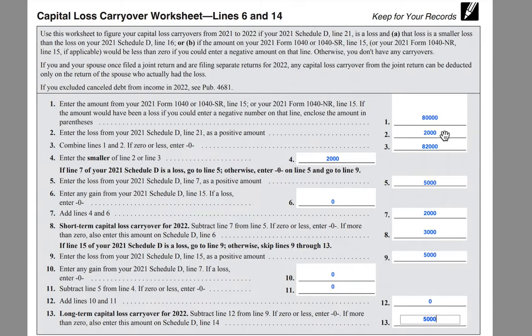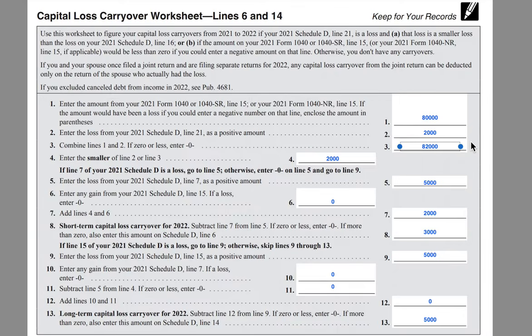So the 2021 Schedule D line 21 amount as a positive amount happens to be the smaller of the actual loss or $3,000, whichever one was able to be entered into that. So we entered $2,000, and then we'll combine these items. And so in line 3, we have $82,000.